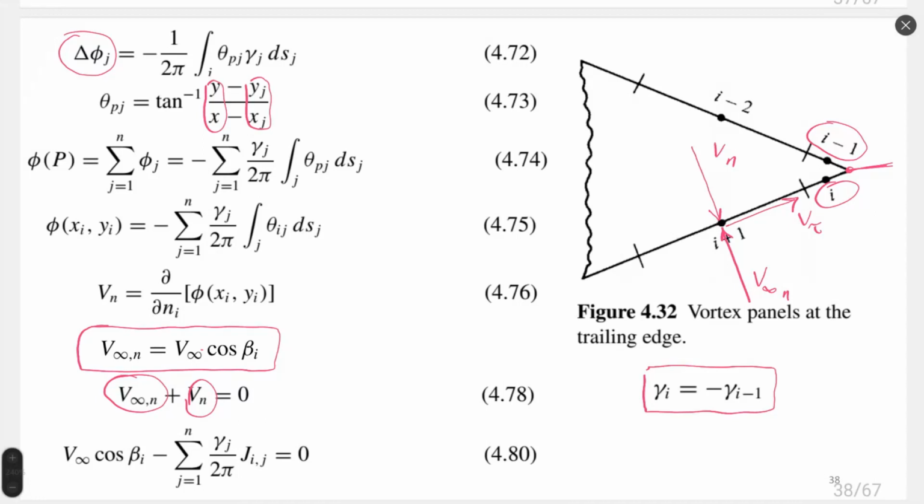We are calculating this angle in polar coordinates to obtain the change of potential function. Okay, once we do this integration in a numerical way, instead of integration we use a summation with influence from all panels.